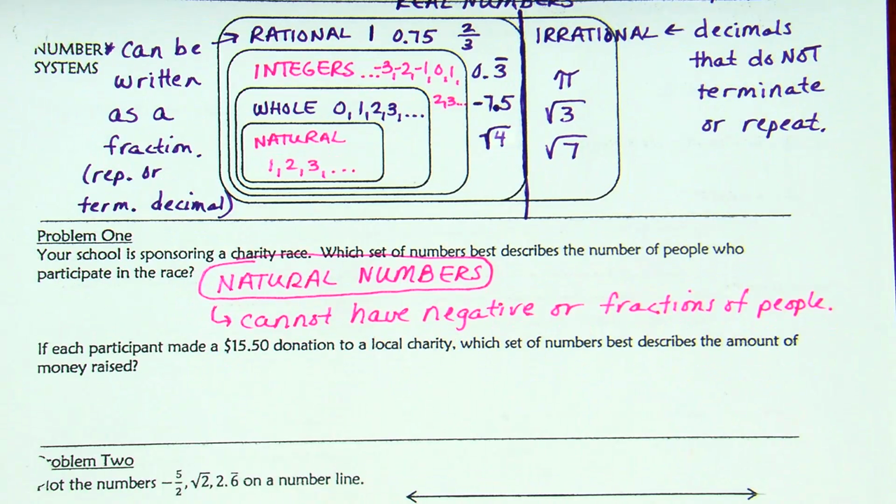What set of numbers could we use here to talk about this? Rational. What do you say, Justin? Rational? Why rational? Okay, we have to have a decimal in there, don't we? And so to talk decimals, we either have to go up to rational or irrational.